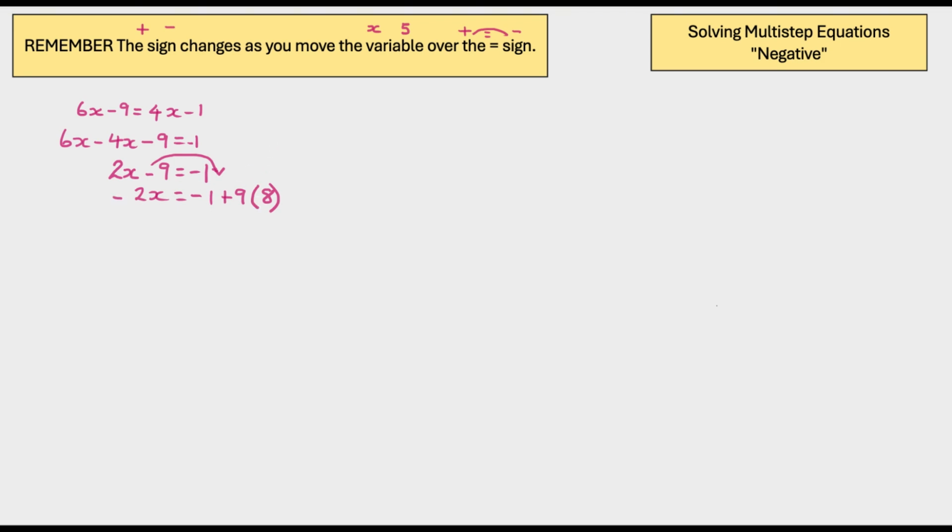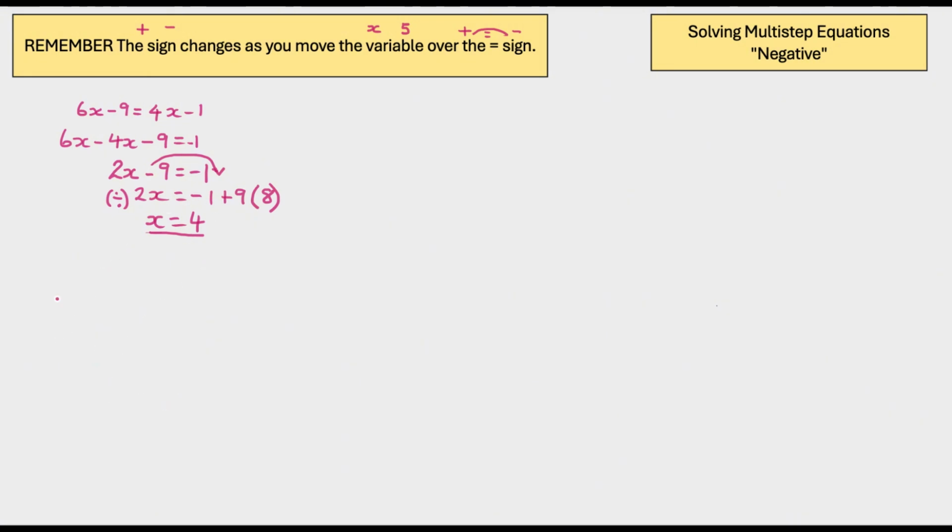And as you know, in previous normal algebra questions, you divide that number by whatever number is here. In this case, it's a 2. How many times does 2 go into 8? It's 4. So there you go. Your variable, your letter, is on its own, the unknown, and your answer is 4. So therefore, x equals 4.